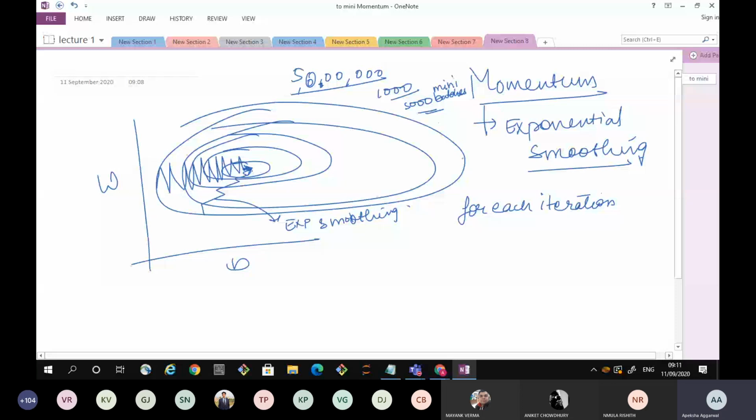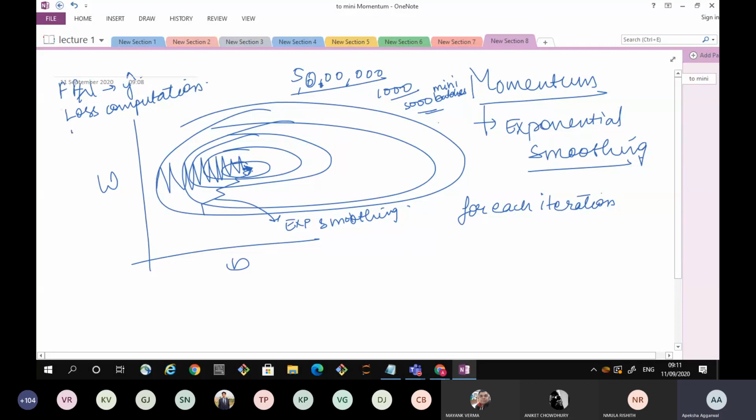Because in the first iteration I'll process 1000 training examples, in the second iteration another 1000 training examples, and up till 50 lakhs, all of them are processed, right? So for each iteration, what do we do? First of all, we forward propagate always. We calculate the value of y cap, and then we calculate the loss, which is basically the error.